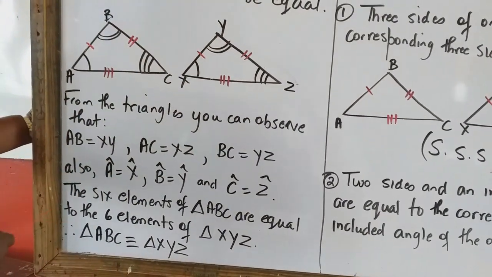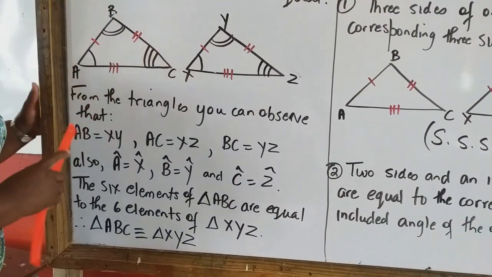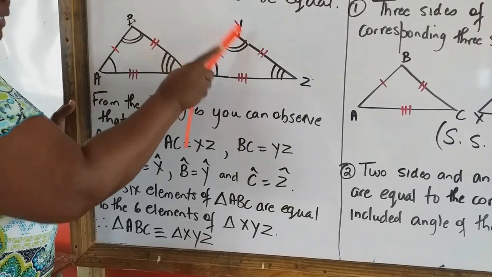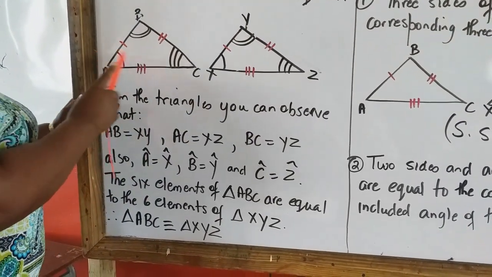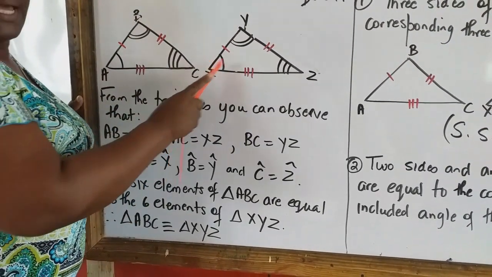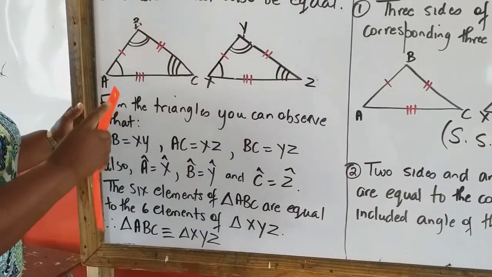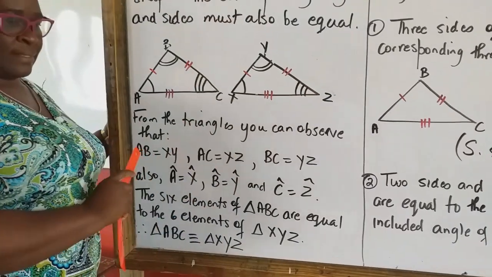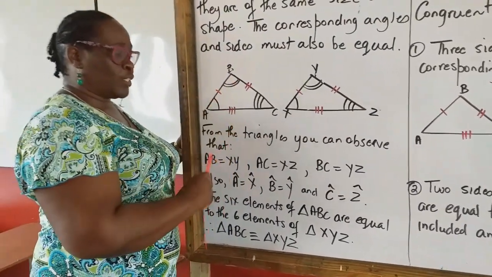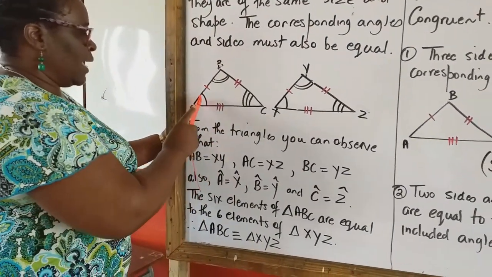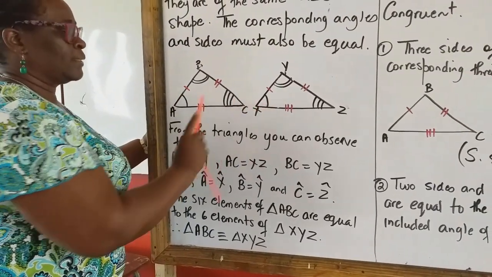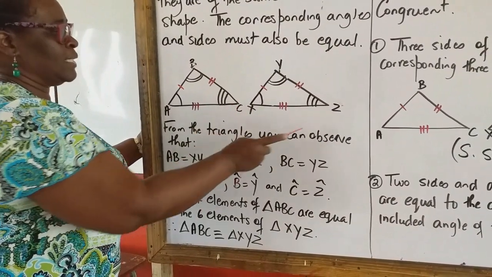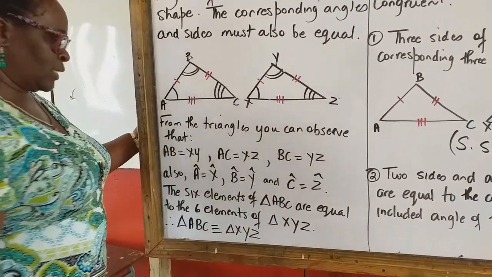From the triangles we see that side AB is equal to side XY, AC is equal to XZ, and side BC is equal to side YZ. Also, angle A is equal to angle X, angle B is equal to angle Y, and angle C is equal to angle Z.